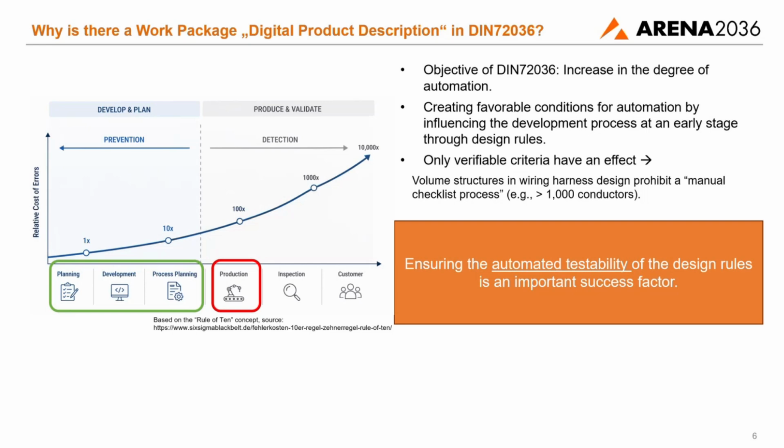In a way that you can handle large designs in an efficient way to ensure that the design rules can influence the process and can have an actual effect. And that is the reason why there is a work package digital product description, because the responsibility of this work package is to ensure this automated testability of the design rules.